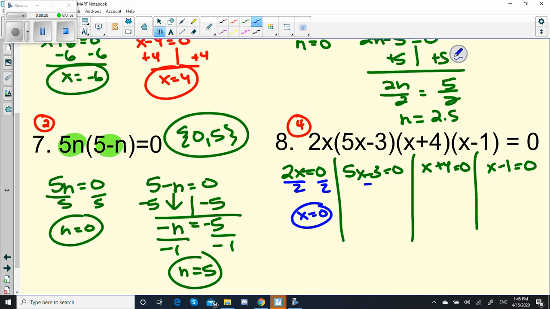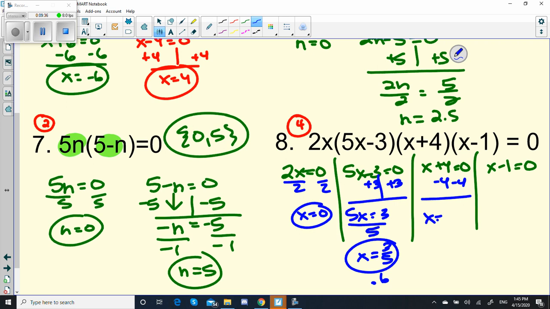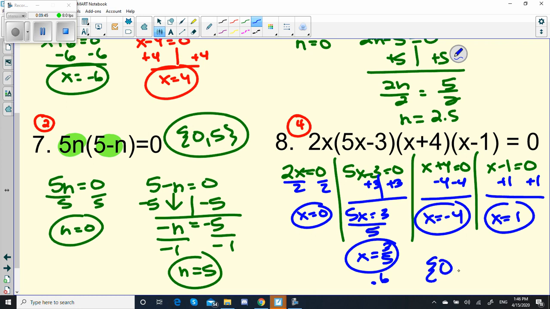The second one, I'm going to add 3 to both sides of the equation and then divide by 5. So my second solution is 3/5, or if you put that in as a division problem, it's 0.6. On the third one, I'm going to subtract 4 on both sides, and I get -4. And on the last one, I'm adding 1 on both sides, and I get 1. So my solutions are 0, 3/5, -4, and 1. And again, those don't have to be in any particular order.